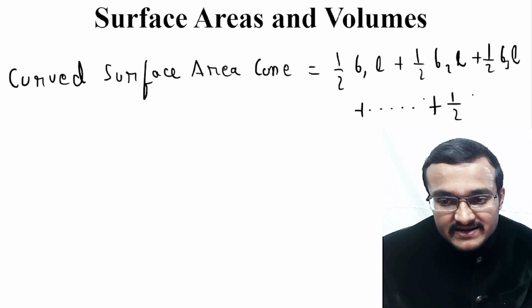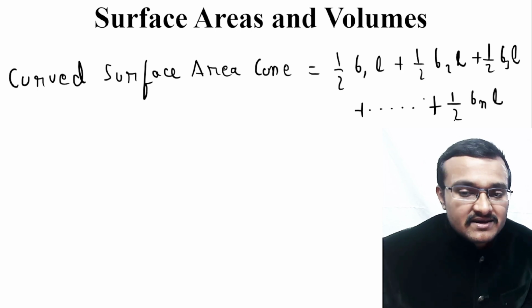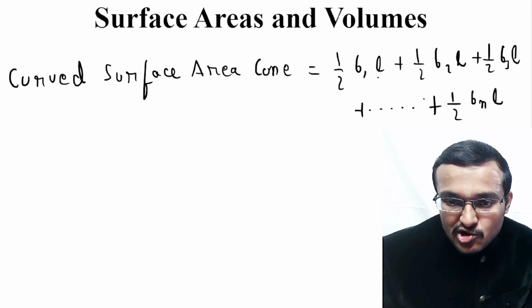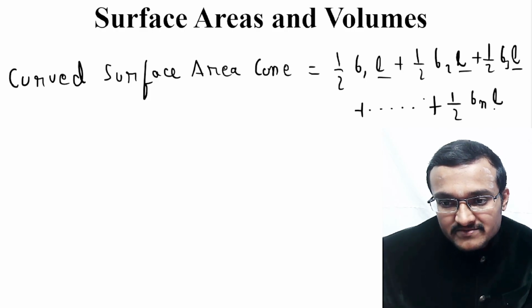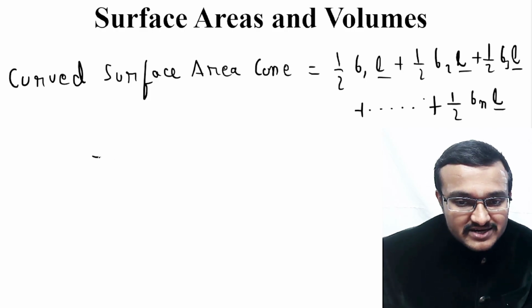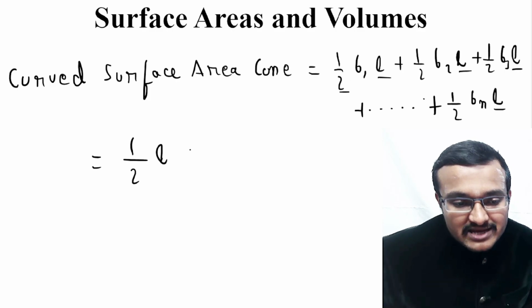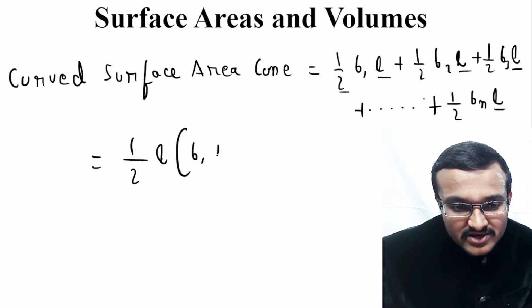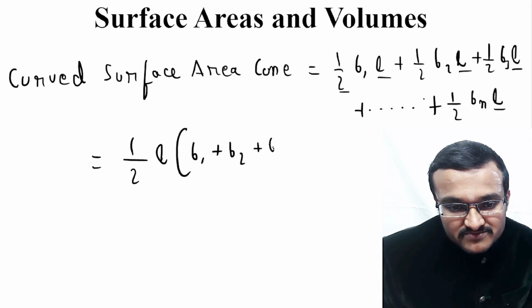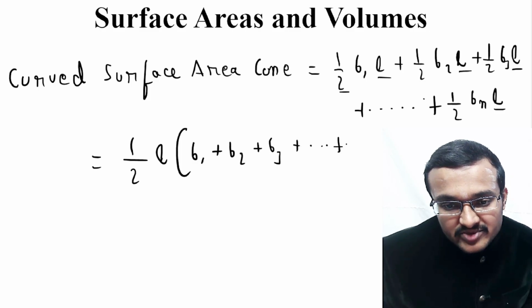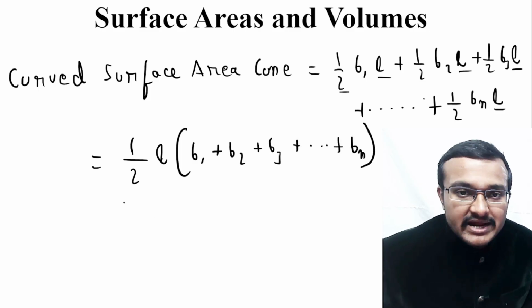Let's assume there are n triangles. So it will go up to the nth triangle, that is half Bn into L. In all these, L is common, and 1 by 2 is also common. So you can take 1 by 2 into L common, and inside the bracket you can write B1 plus B2 plus B3 up to Bn.